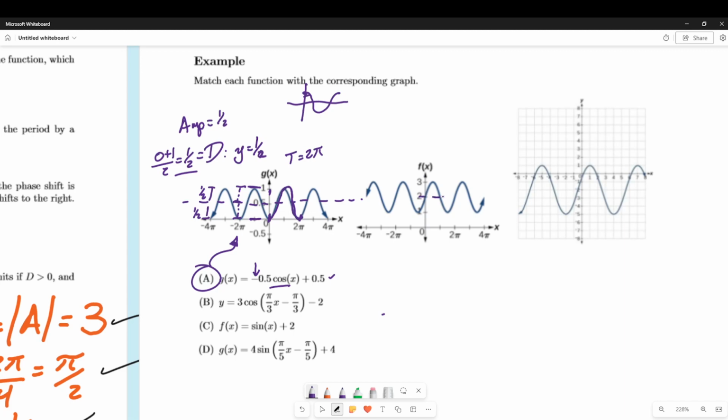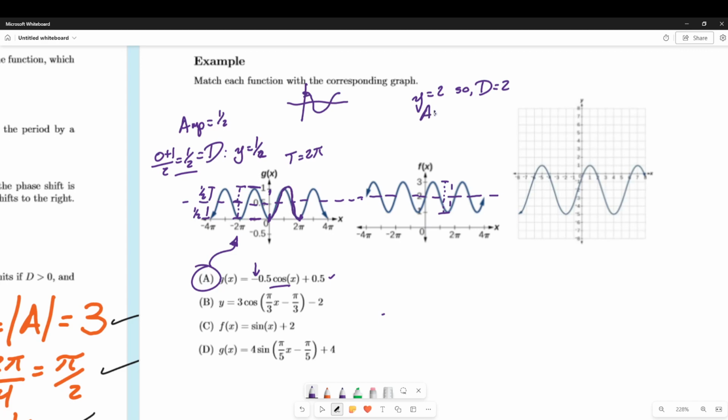This second one here, again, our center line's at 2. So our center line is y equals 2. So our lift value, our D value, had better be 2. It goes up 1 to 3, down 1 to 1.